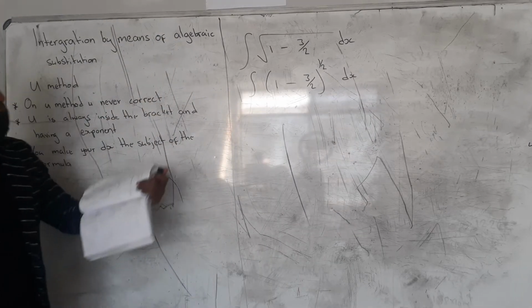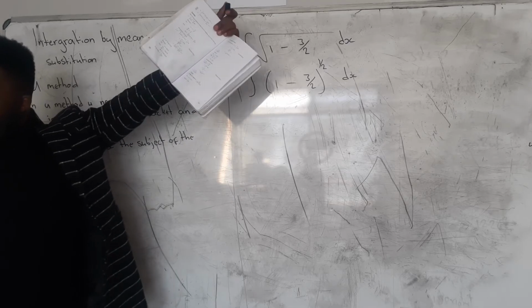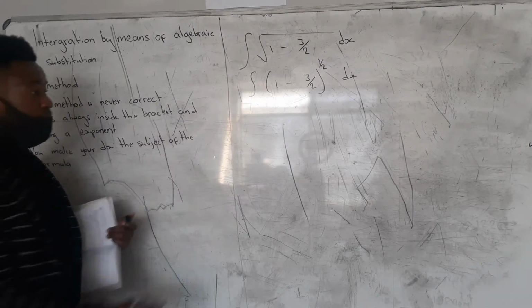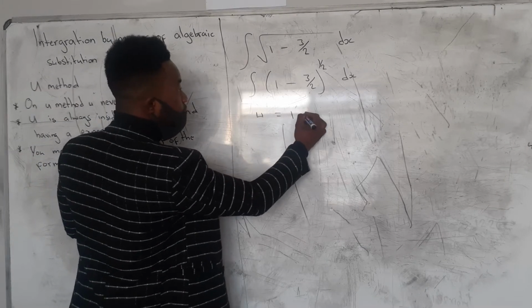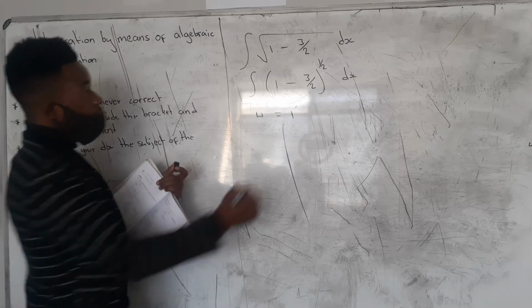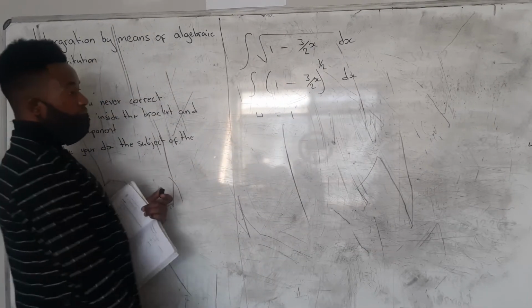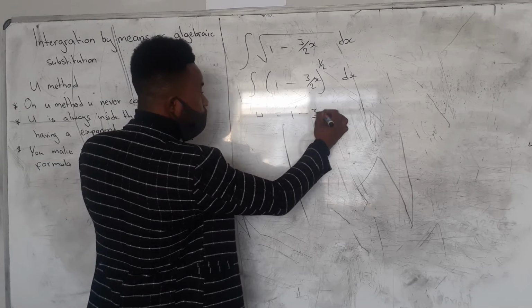So my U is inside the bracket and having an exponent. So that's my U, inside the bracket. Sorry, I think I forgot to write x. So this is 1 minus 3 over 2 x.